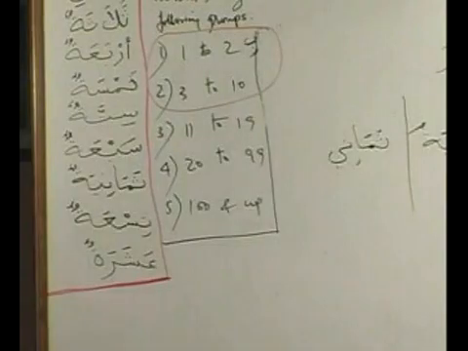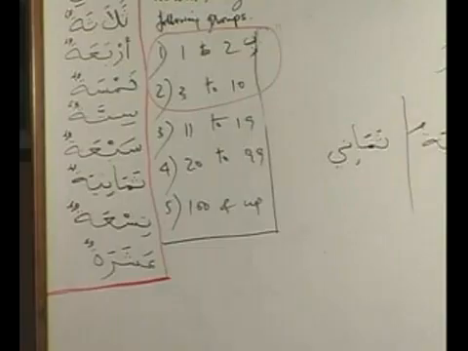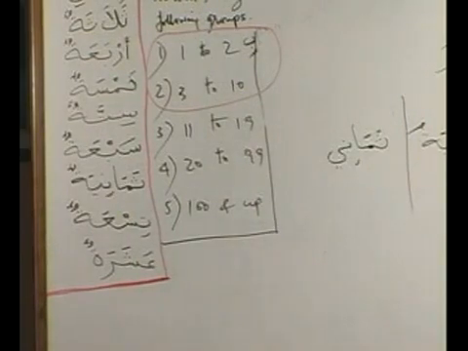So the ma'dud is always jama. Now if the ma'dud is muzakkar, then the number becomes opposite, muannas. If the ma'dud is muannas, then the number becomes muzakkar.